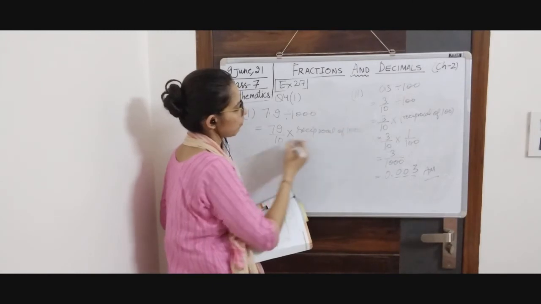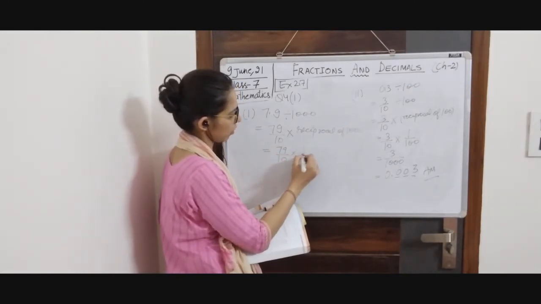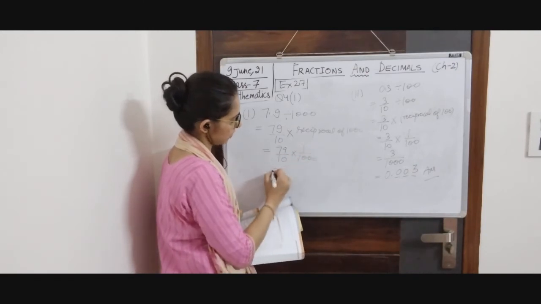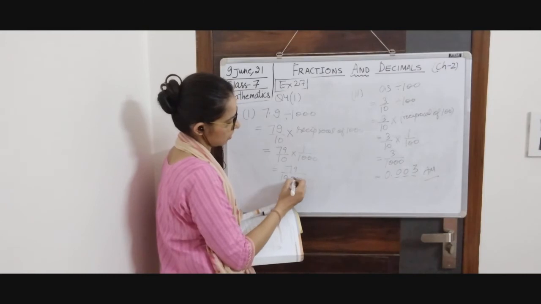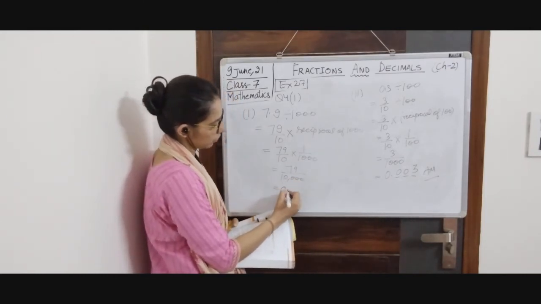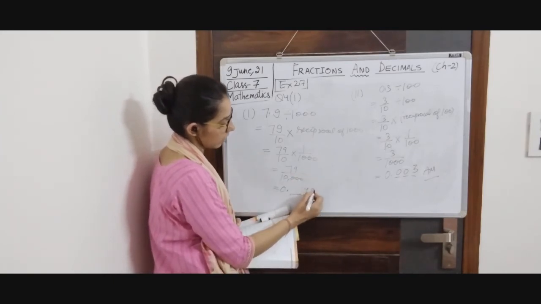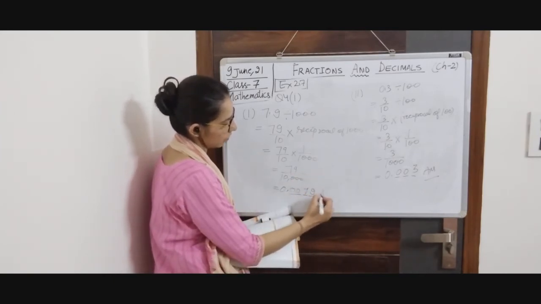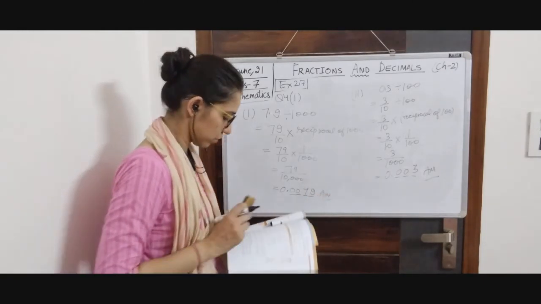I am skipping one step. It will be 79 by 100 into 1 by 1000, so we get 79 and here 10,000. It means we have to put the decimal before 4 numbers. So decimal 1, 2, 3, 4. We will write 79 here, 0, 0. So this is your answer. We can do the rest of the parts also.